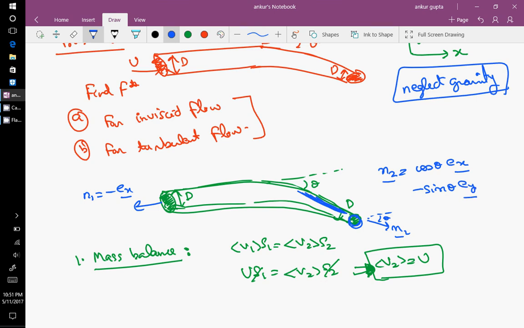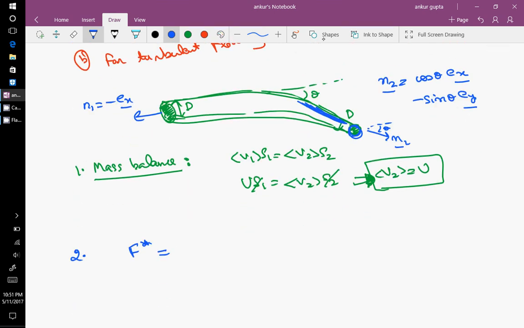So for F star, we can write this as minus of p1 plus rho u square.